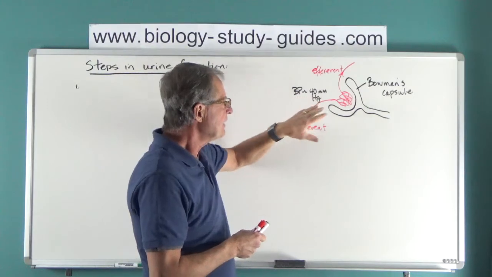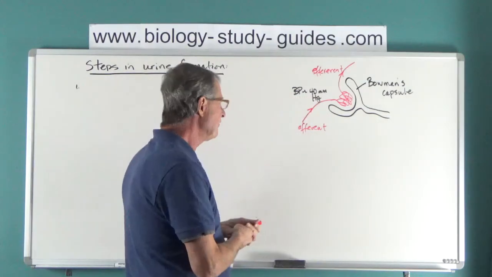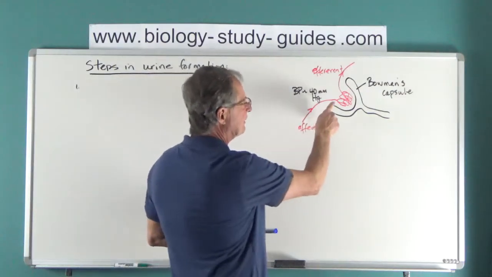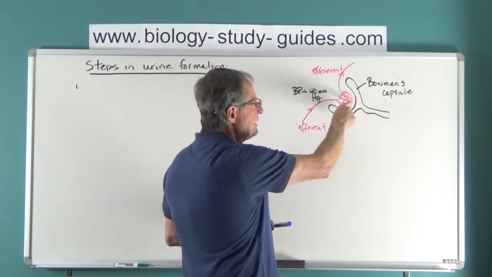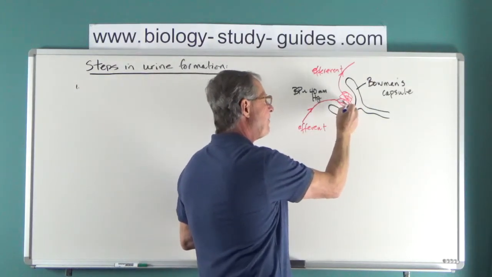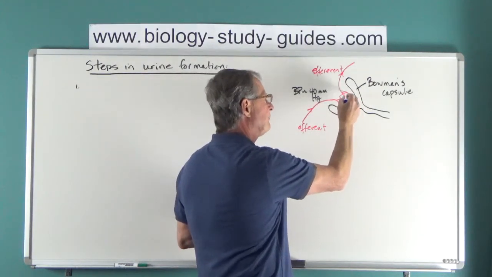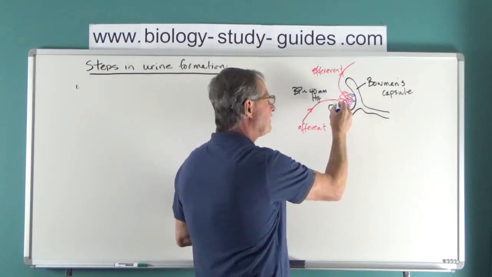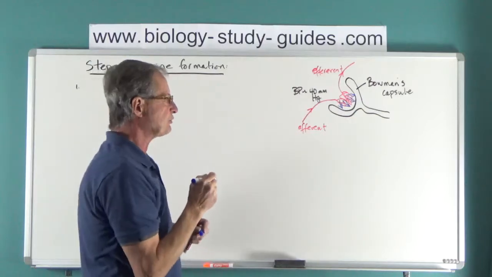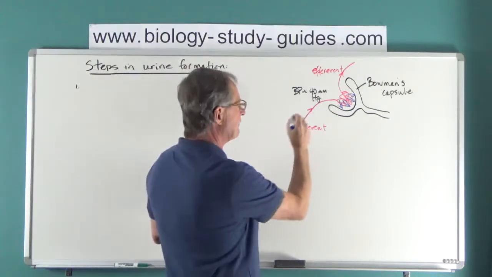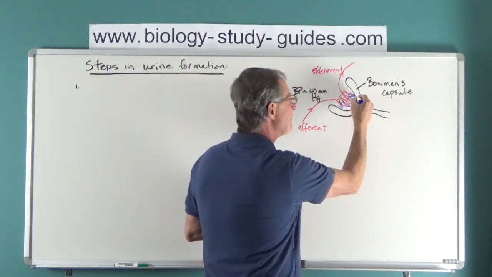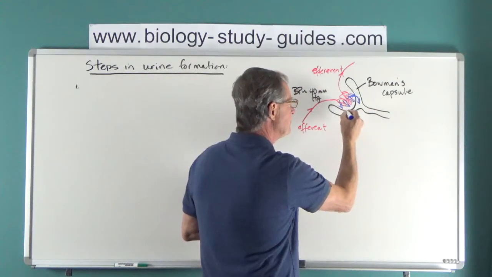This blood pressure is sufficient to force material out of the arterioles here, in this direction, as this knot of tiny blood vessels is encapsulated by Bowman's capsule. So it literally happens because of the blood pressure. Fluids get forced out of the blood and they can't go anywhere but into Bowman's capsule.